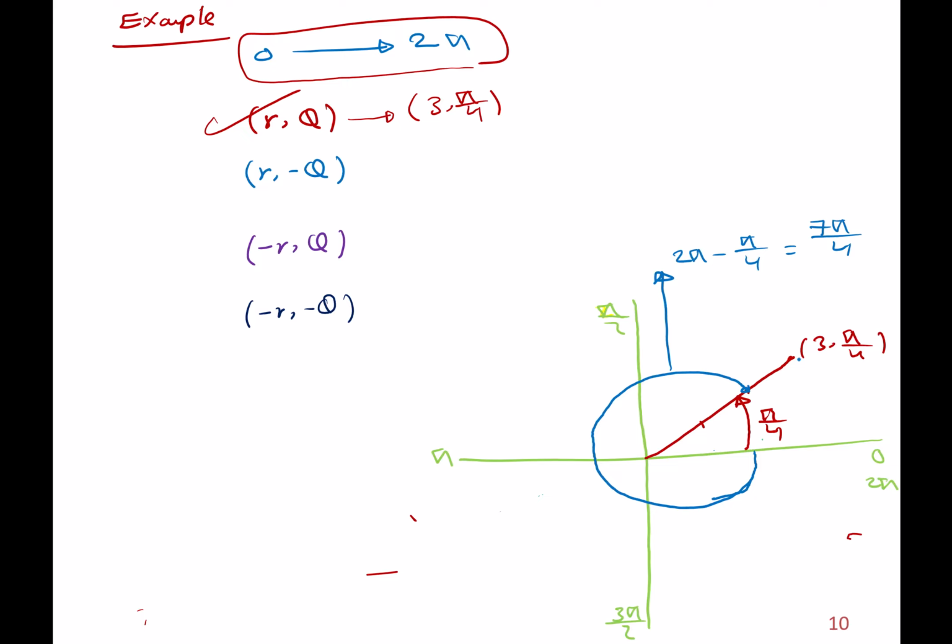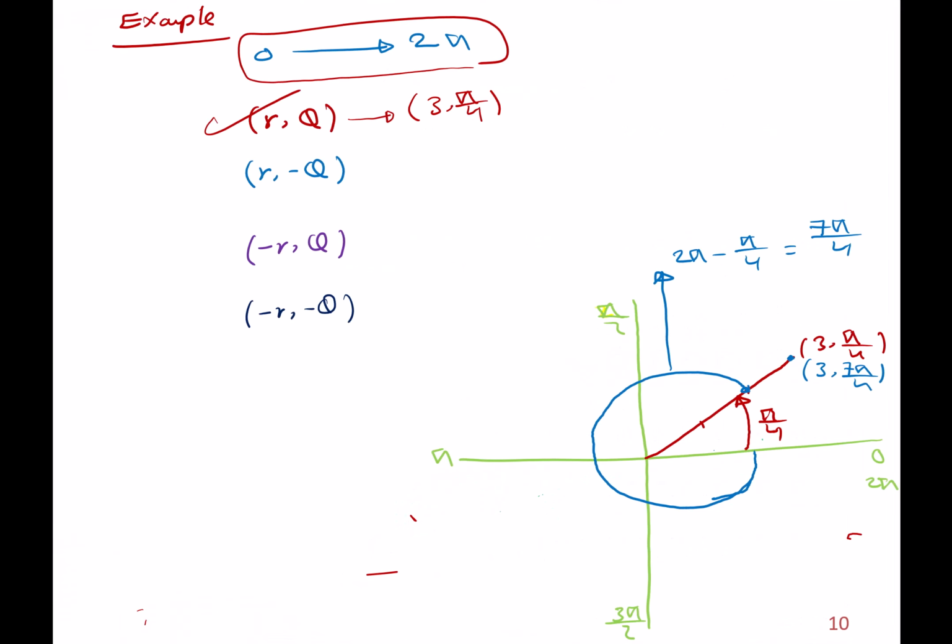So the second point is 3 and 7 pi over 4.